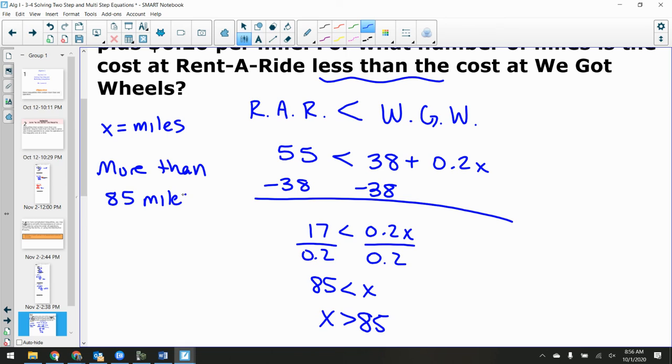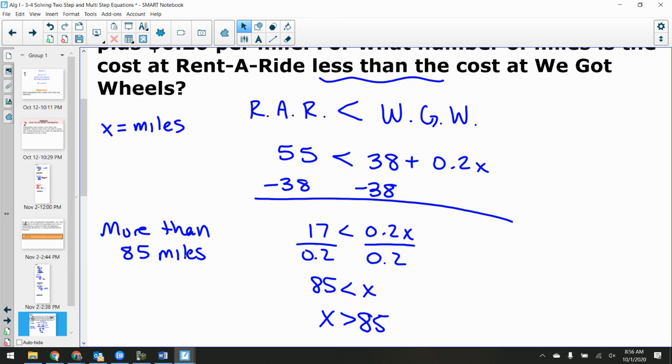Now, let's be even more precise. What do we want to put in front of more than 85 miles? What did we start with? We started with the cost of Rent-A-Ride is less than the cost at We Got Wheels.